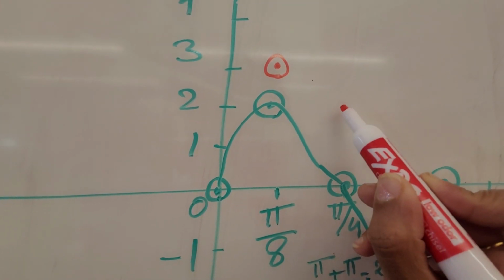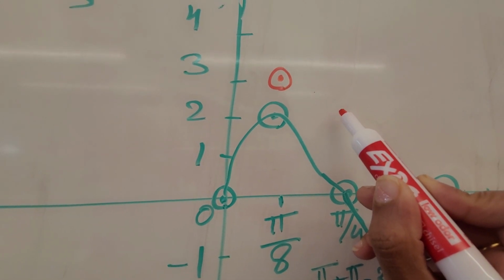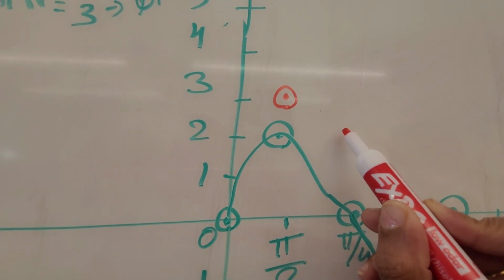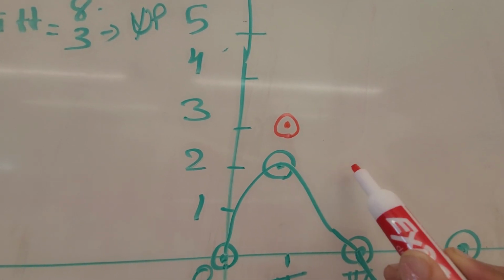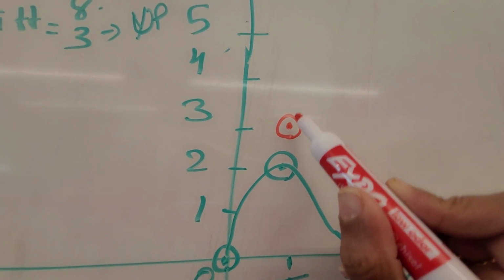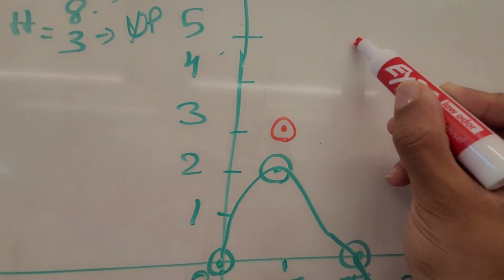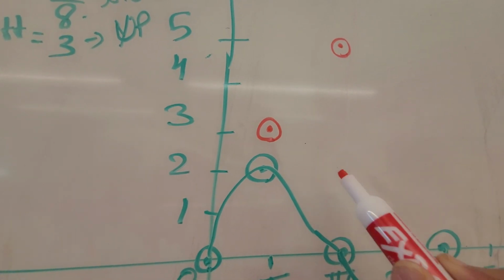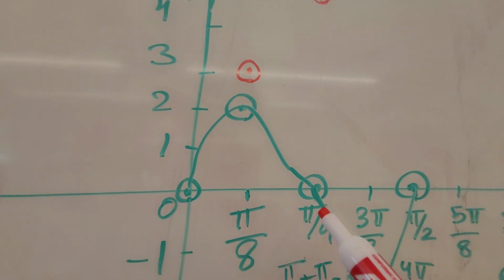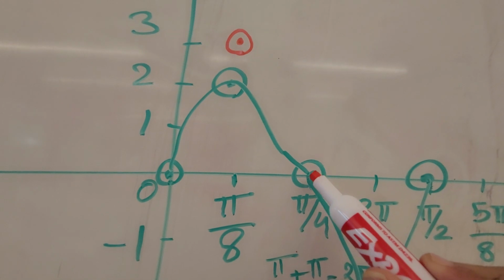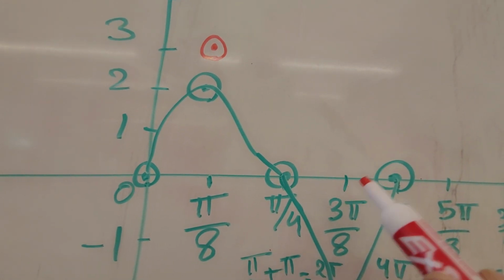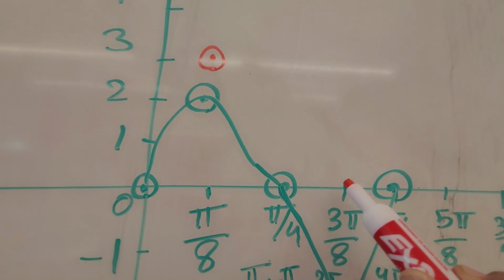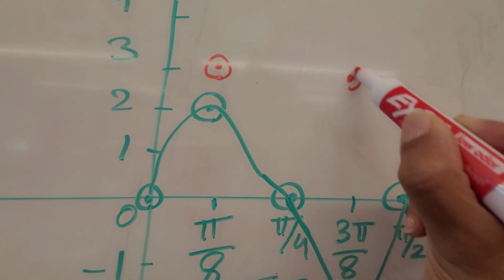It needs to move up 3 units. So this is at 2, and moving up 3 units is 3, 4, 5, in 1 unit to the right, pi by 8. And the next point is on 0, pi by 4 comma 0. So 1 unit to the right, pi by 8, and 3 units up is here.